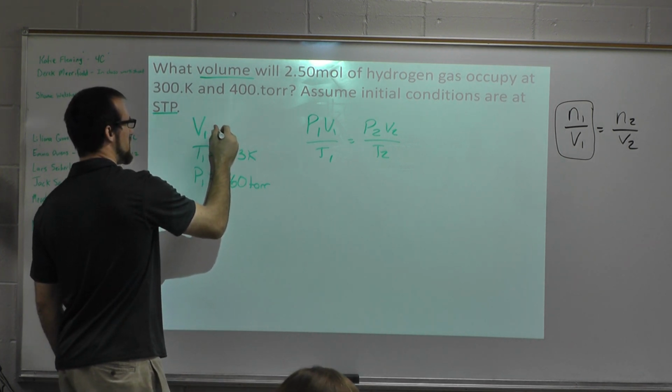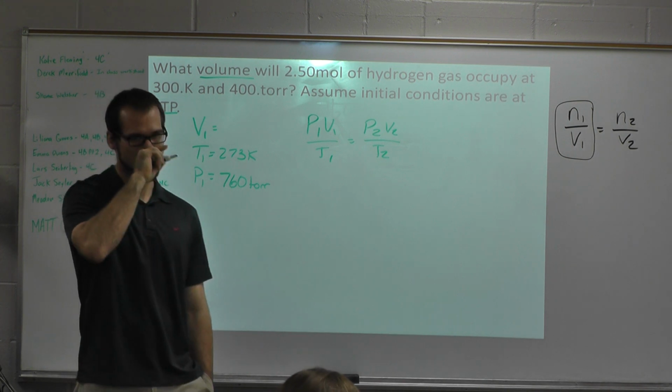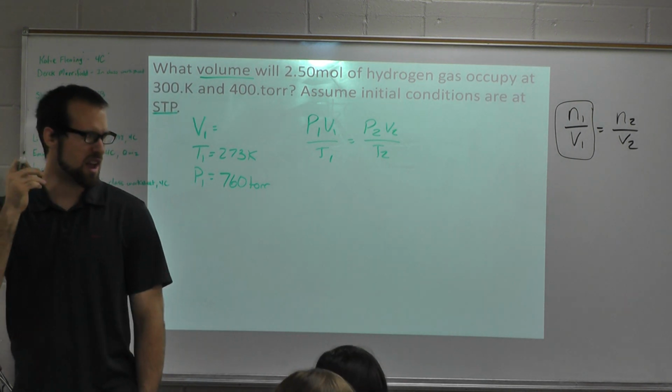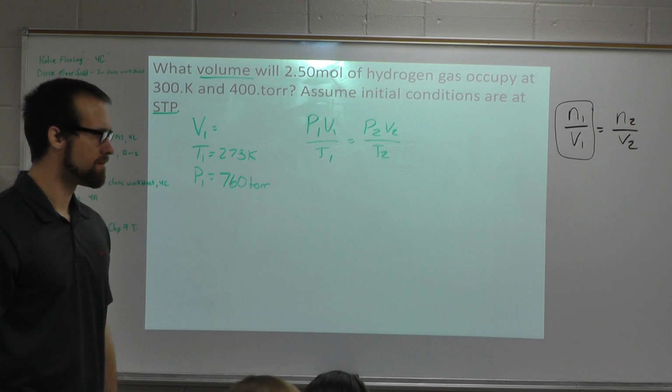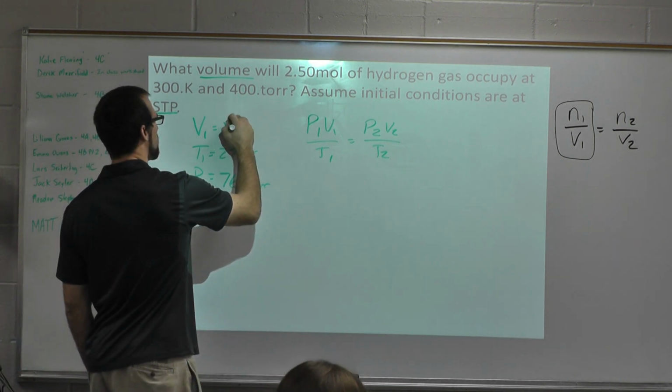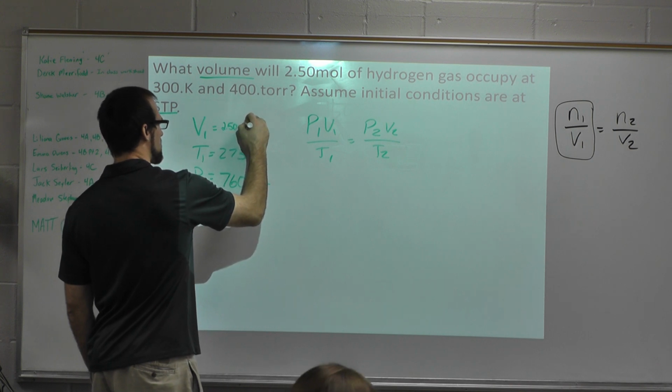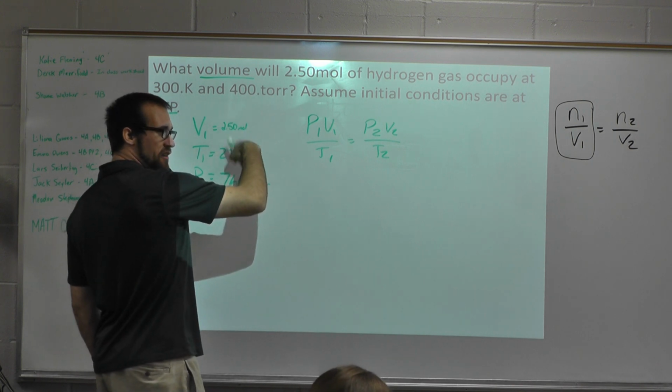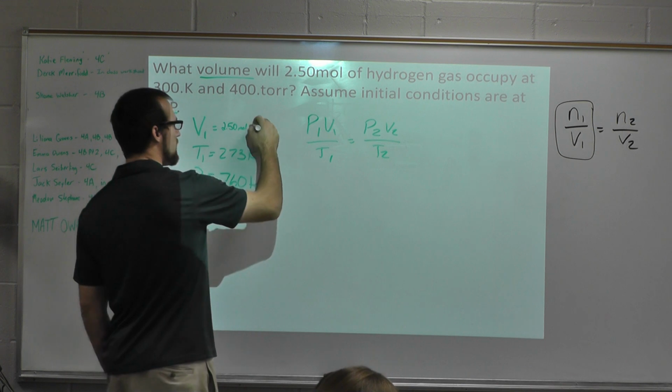Now, we don't know V1 technically, do we? Can we figure it out? Yes, 2.5 times 22.4. 2.5 moles, because right, we're at STP here, so I can figure out exactly the volume that I need.